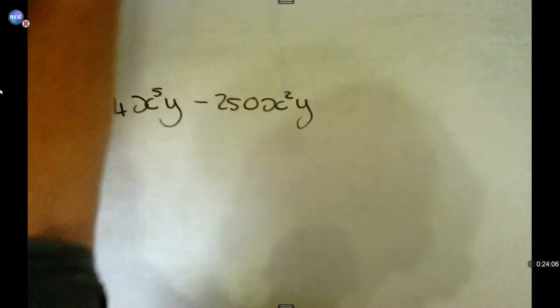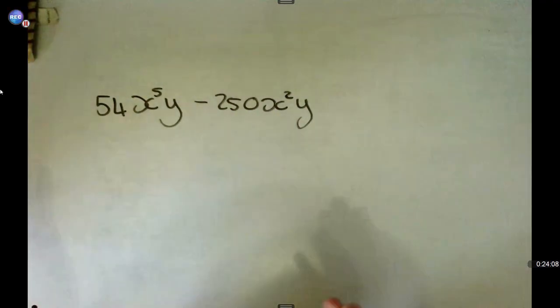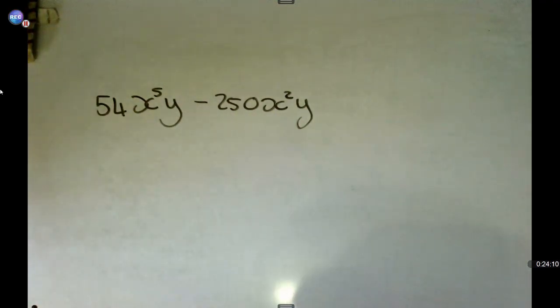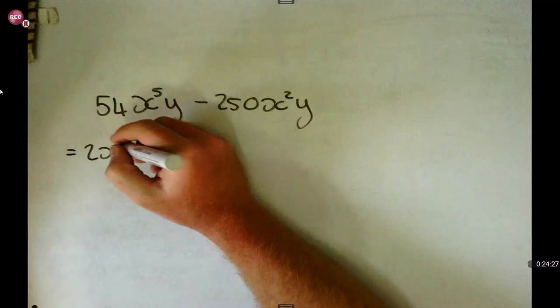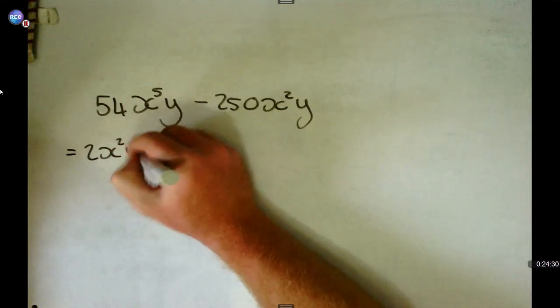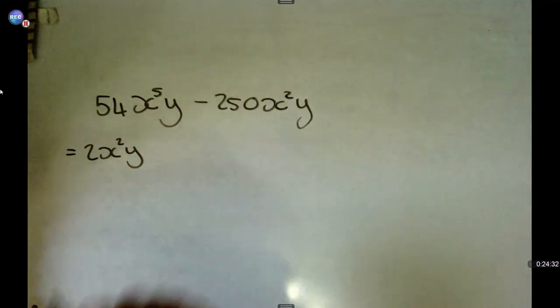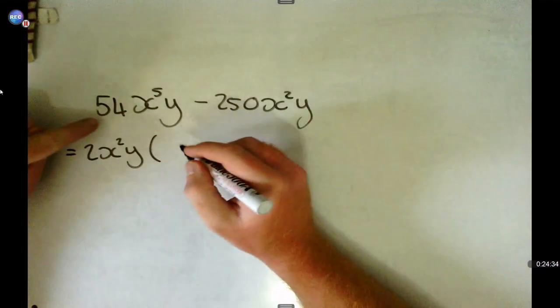And remember, with the third question, we took out the highest common factor to ensure that we are able to cube root when needed. So in this case, we're also going to do an HCF. And the HCF that we were taking out is equal to the following. So 2x squared, and we'll take out a y as well.